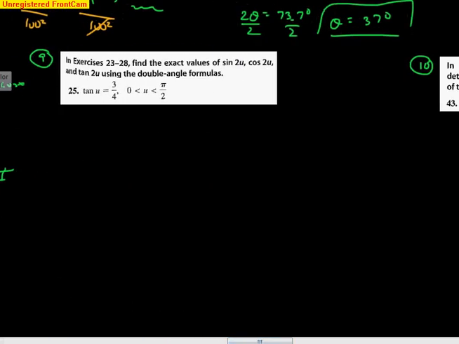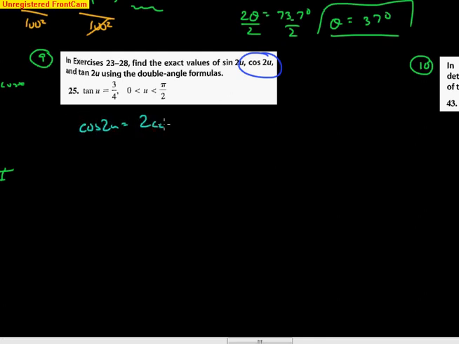Number 9. We are going to use a double angle formula to find cosine of 2u. Cosine of 2u is very interesting because it has 3 forms, so I'll write all 3 down.